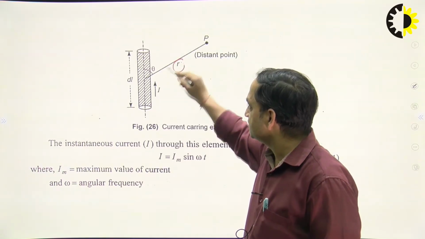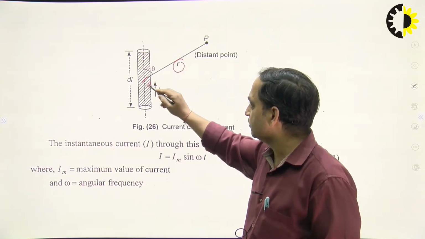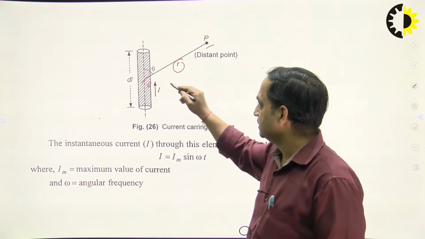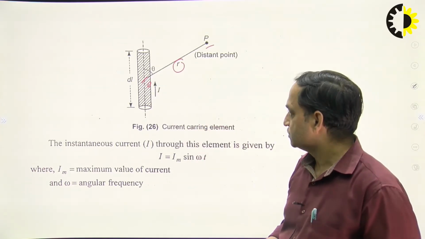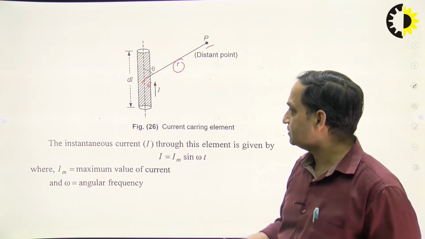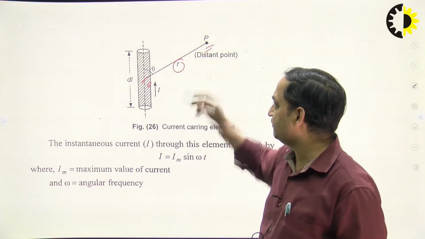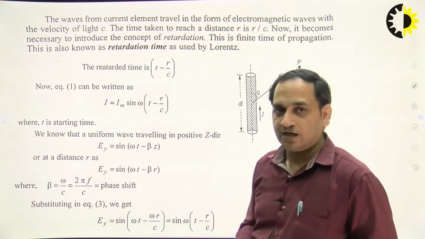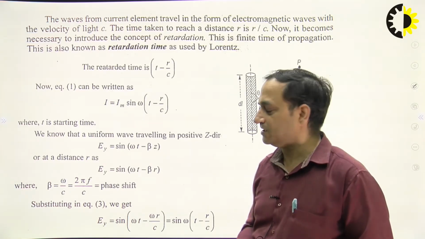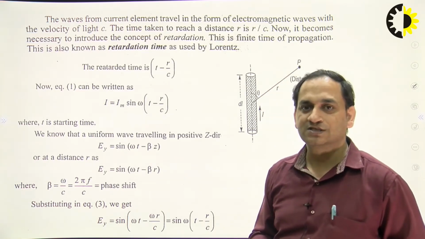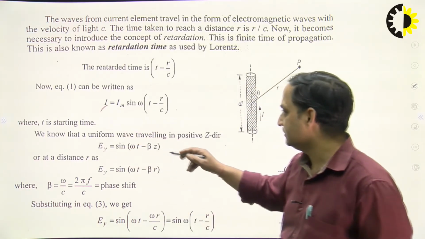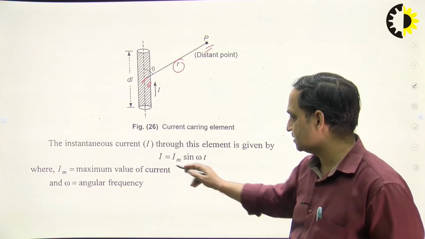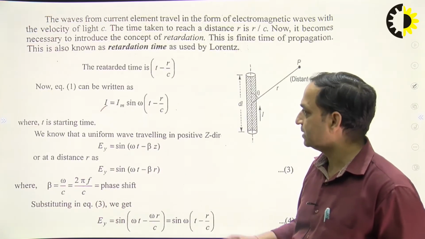R is the distance from the origin to the point P, and the EM wave travels with the speed of light. So the current reaching point P can be measured at the retarded time, that is t minus R upon c, right? The current I written previously is I equals Im sin omega t.